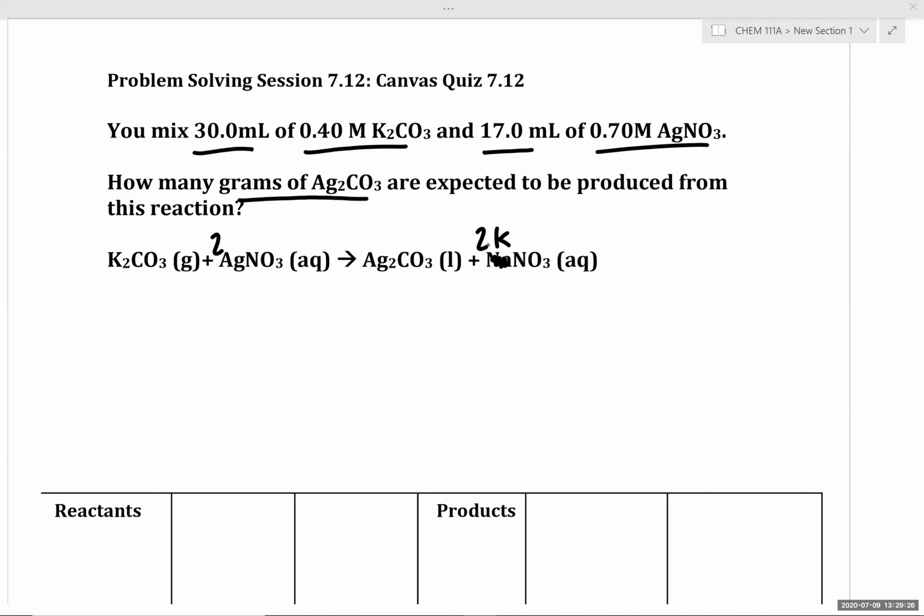And we'll discuss this example in another approximately 2 to 3 minutes. And once you get to moles, you're home free.